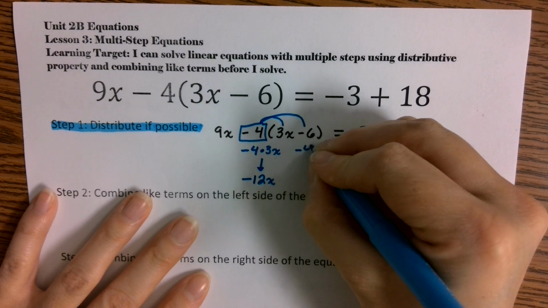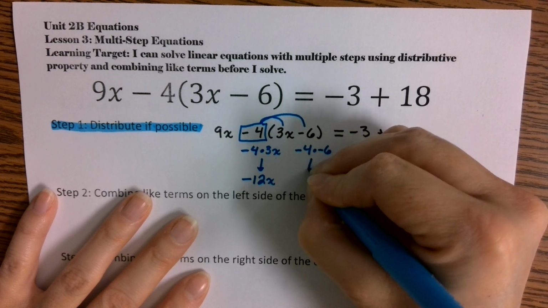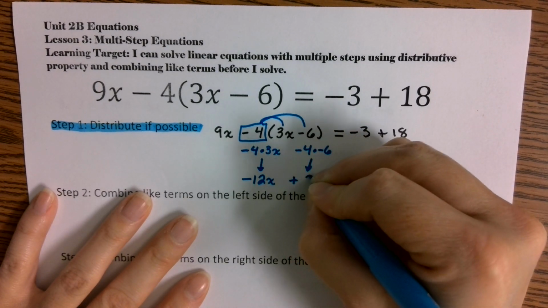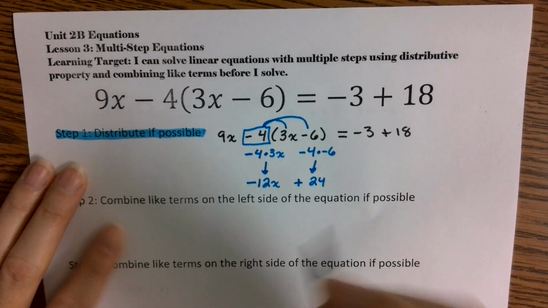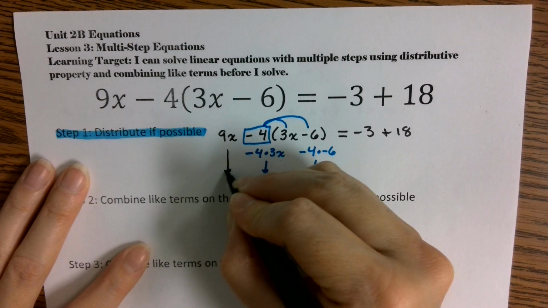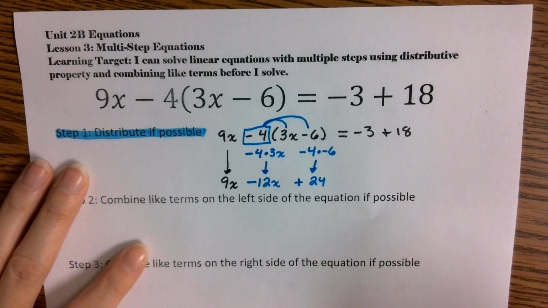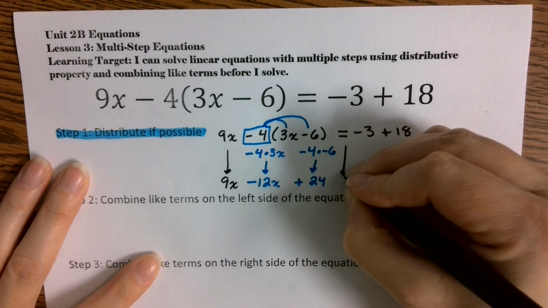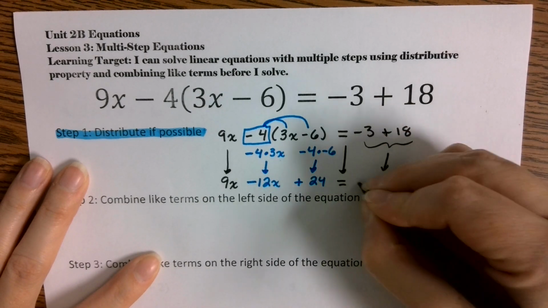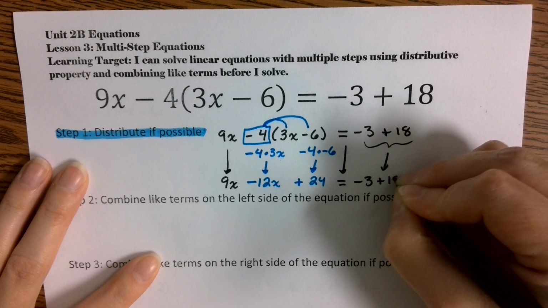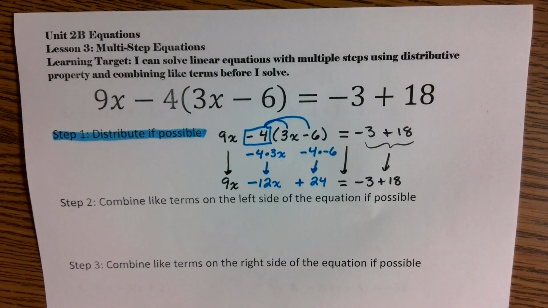And negative 4 times negative 6 is going to come out to a positive 24. Nothing else has changed. This 9x is still going to come straight down, completely unchanged. We're going to bring down that equal sign, and the rest of this problem, negative 3 plus 18. So nothing else has changed so far.